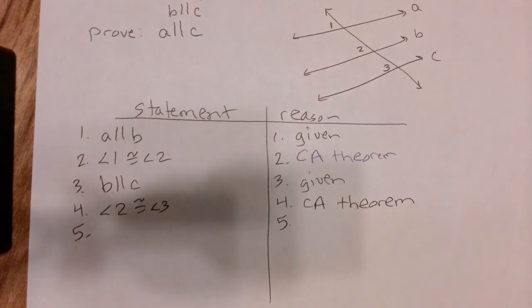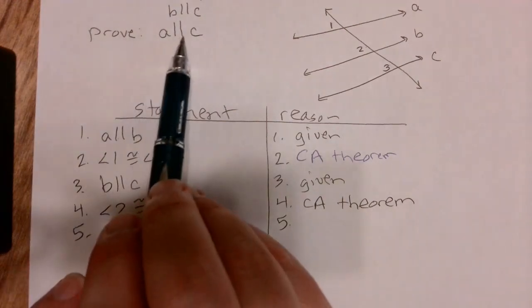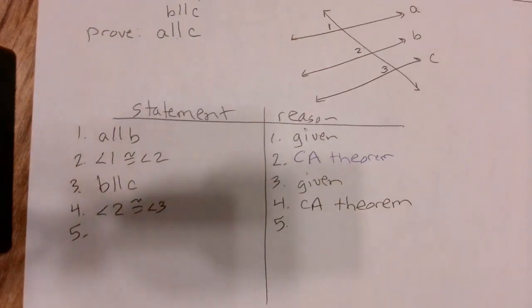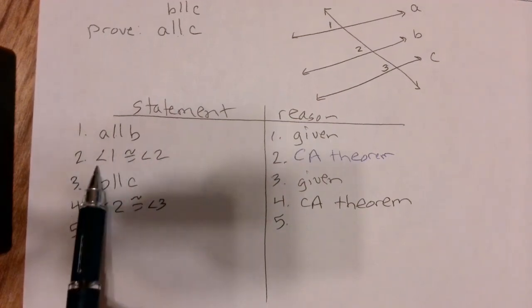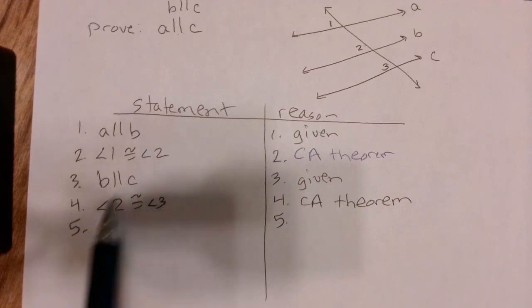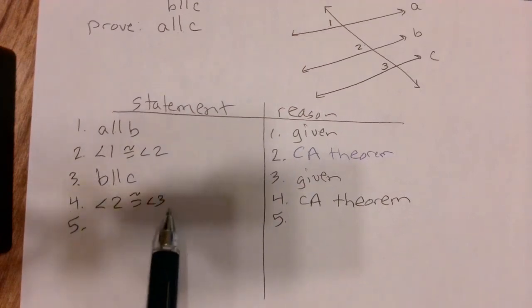Now, we somehow need to end up that A and C are parallel. And because we're trying to prove they're parallel, we're going to use a converse at the end. But we need to make that connection first. So look at line 2 and look at line 4. Angle 1 is congruent to angle 2. Angle 2 is congruent to angle 3.